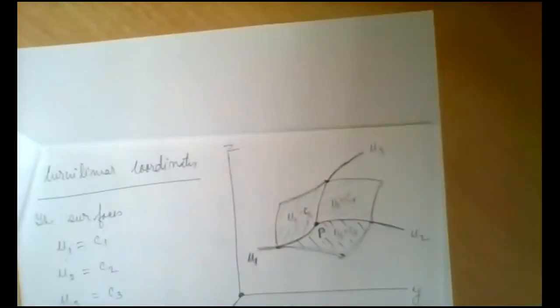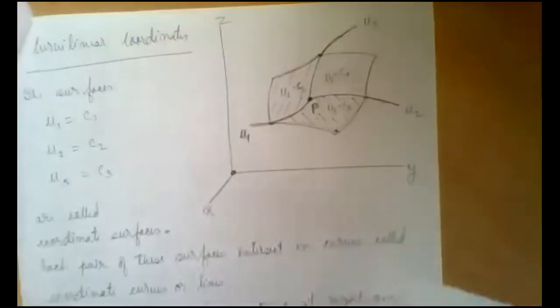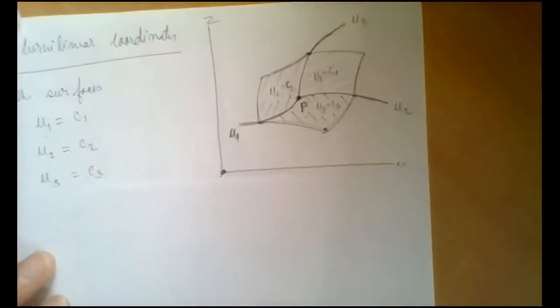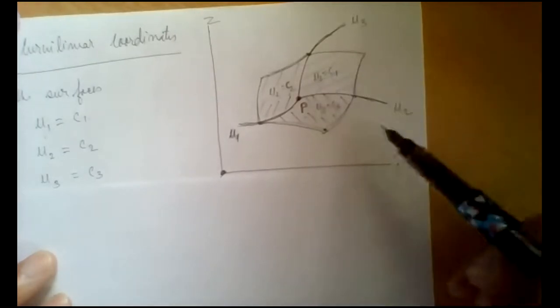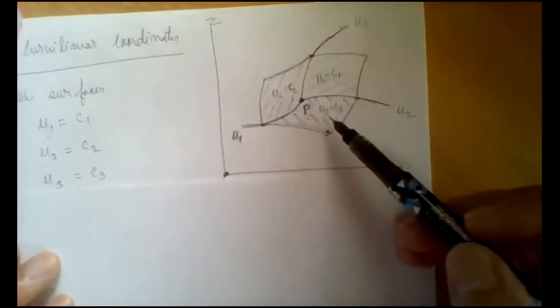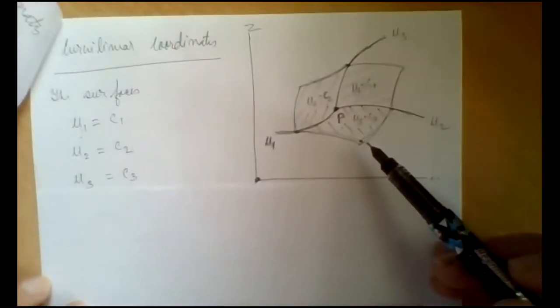Then today we are going to discuss another unit vector. Let me come back to this diagram again. Here U1 equal to C1, U2 equal to C2, U3 equal to C3. These are the three coordinate surfaces.